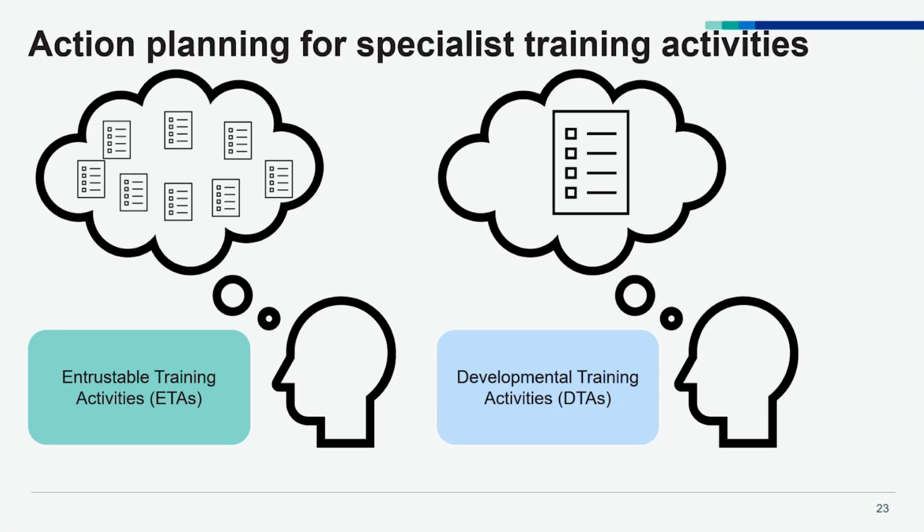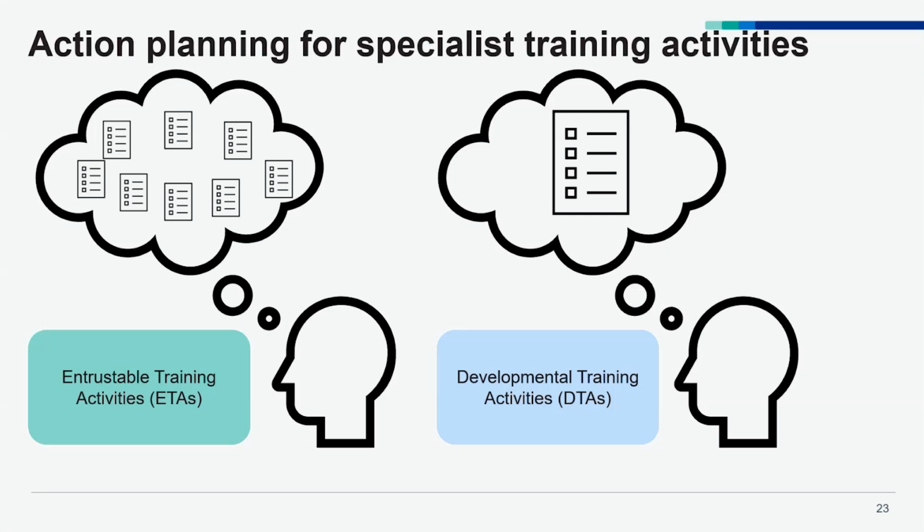You reflect, try and make sense of it, analyze it, and then identify what you're going to do in order to improve or develop for next time. That's specifically in relation to reflect on action and reflect beyond. Action planning for the DTAs is more medium to long term.